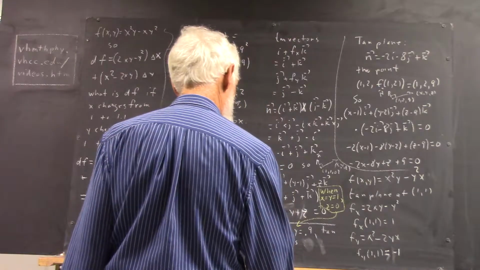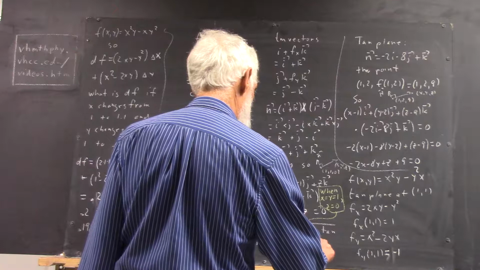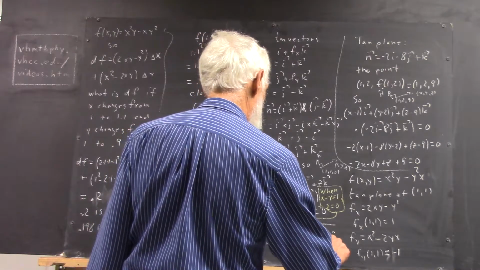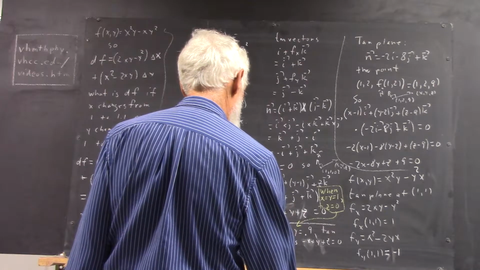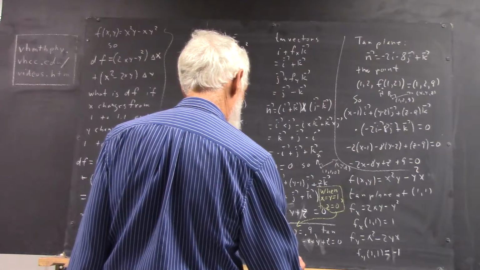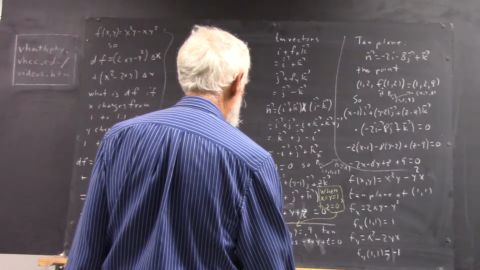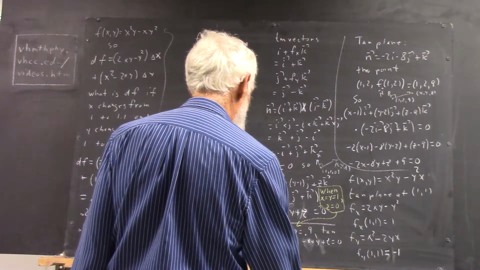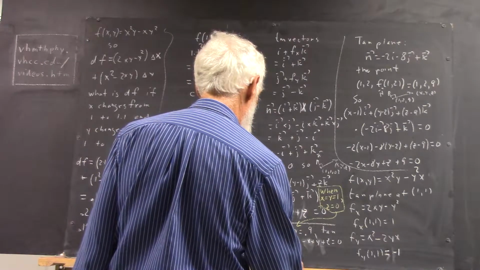It says that, first of all, negative x plus y plus z is 0. That's the equation of our tangent plane. So negative 1 plus 1, and it should be negative 1.1 plus 0.9.